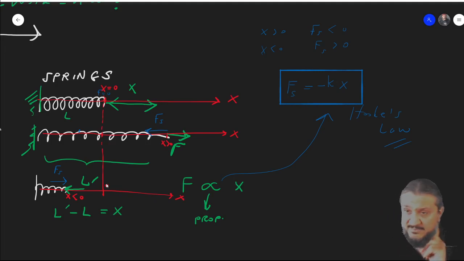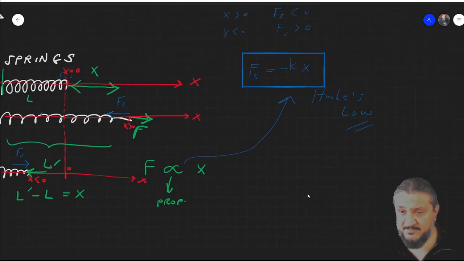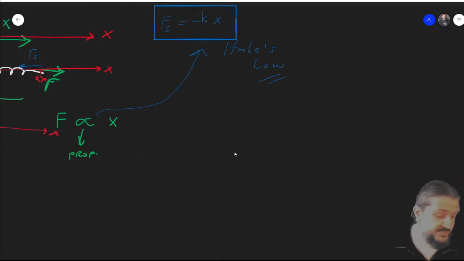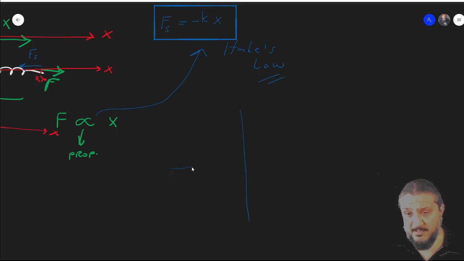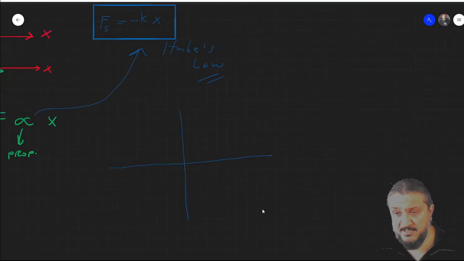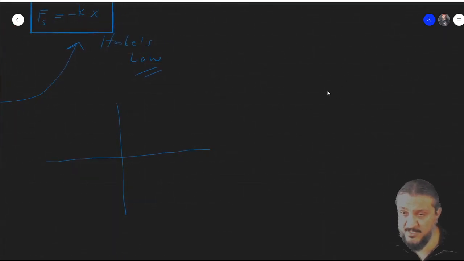So let me plot this force, and I'm going to stop there and then maybe make another video about the potential energy. So if I'm plotting for this specific spring attached to the wall, let's plot two things. Let's plot the force I exert on the spring, and let's plot the restoring force in the spring.